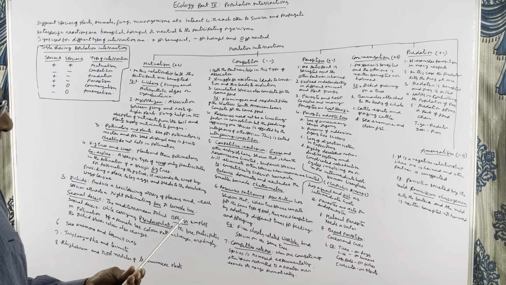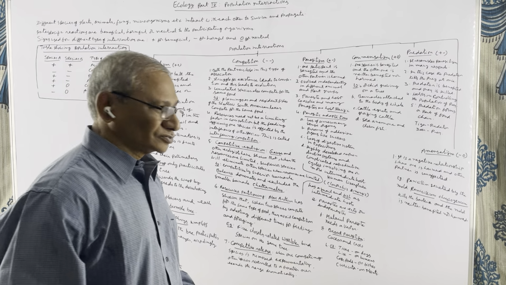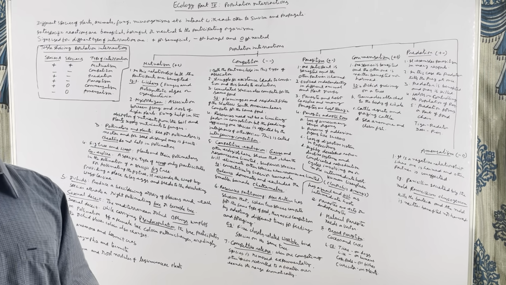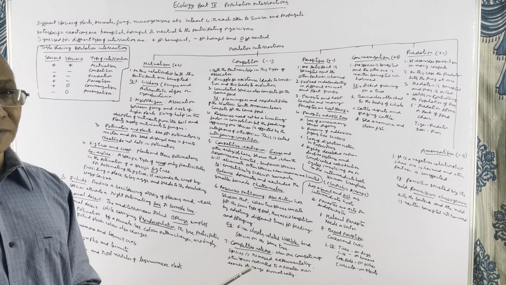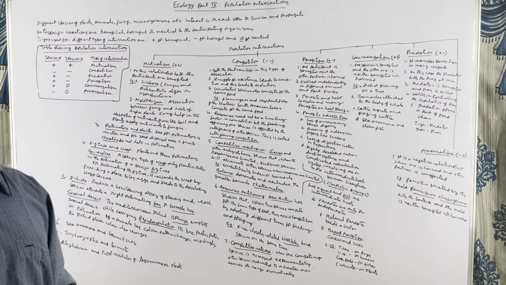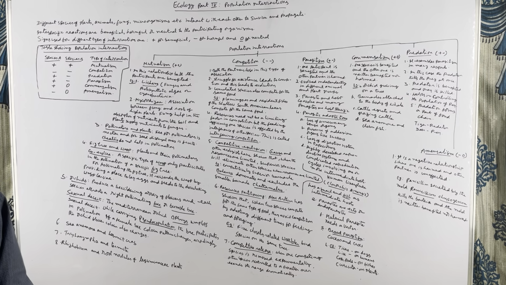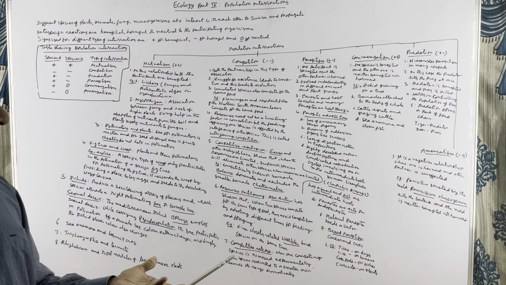It is secreted by the mold Penicillium chrysogenum. So Penicillium chrysogenum secretes the antibiotic penicillin. The penicillin kills the bacteria. That means the bacteria suffers and dies, whereas the Penicillium is neither benefited nor harmed.